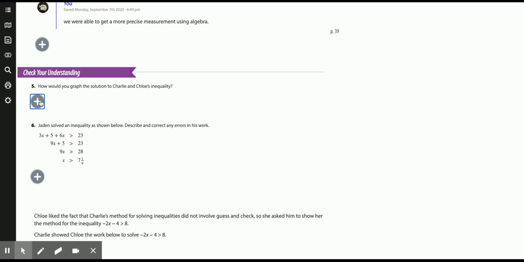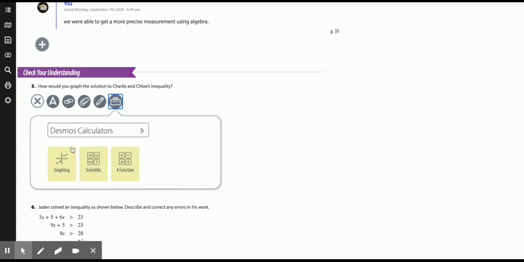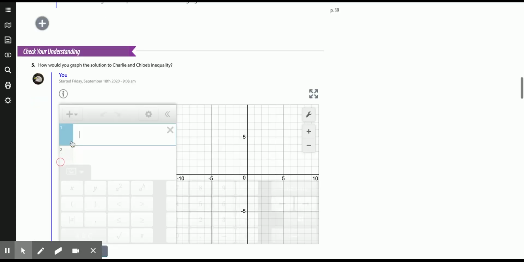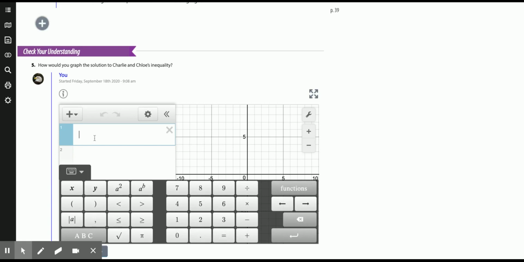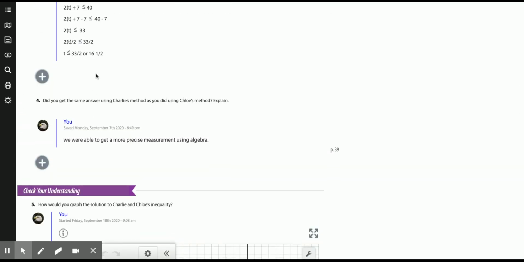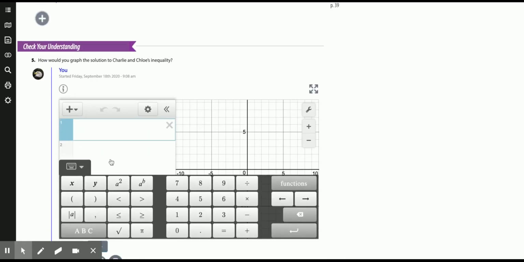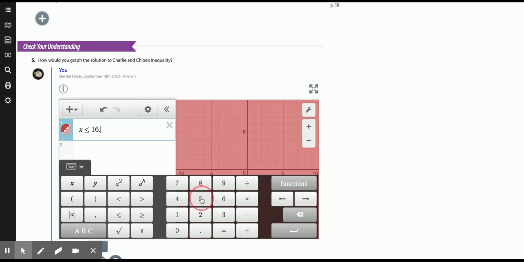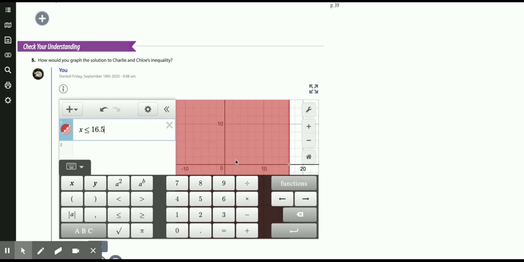So number 5 says, how would you graph a solution to Charlie and Chloe's inequality? Well, we come to this little Desmos calculator. We'll say x is less than or equal to 16.5, 16 and a half. And you'll see that they graph it for you.